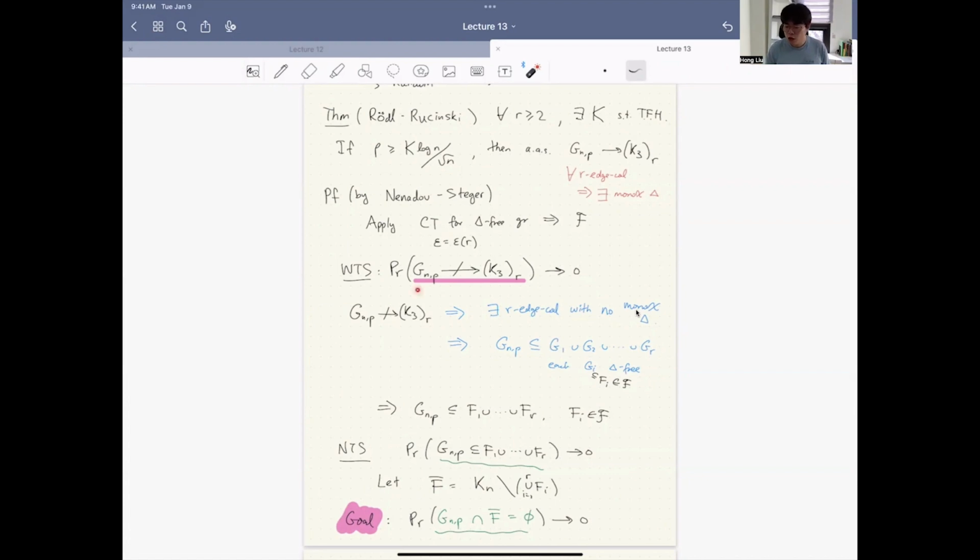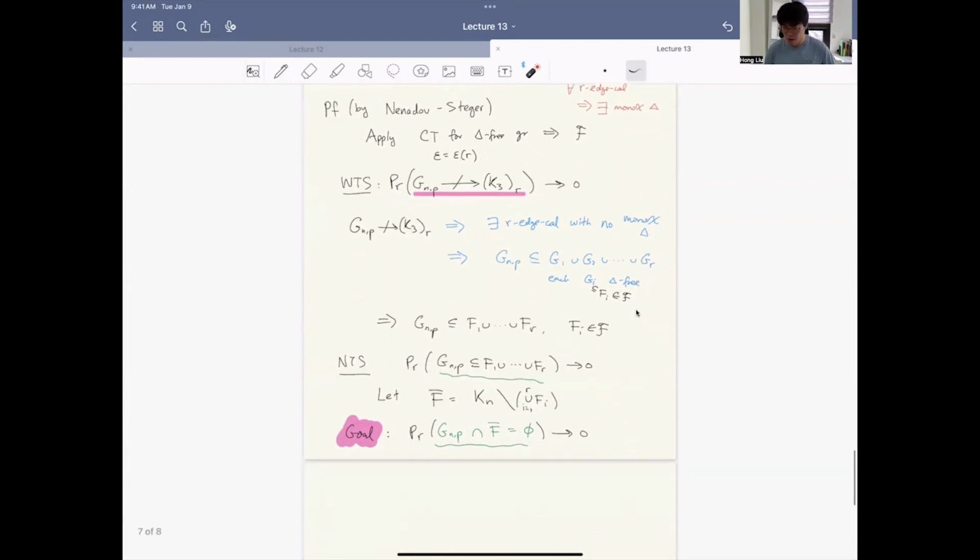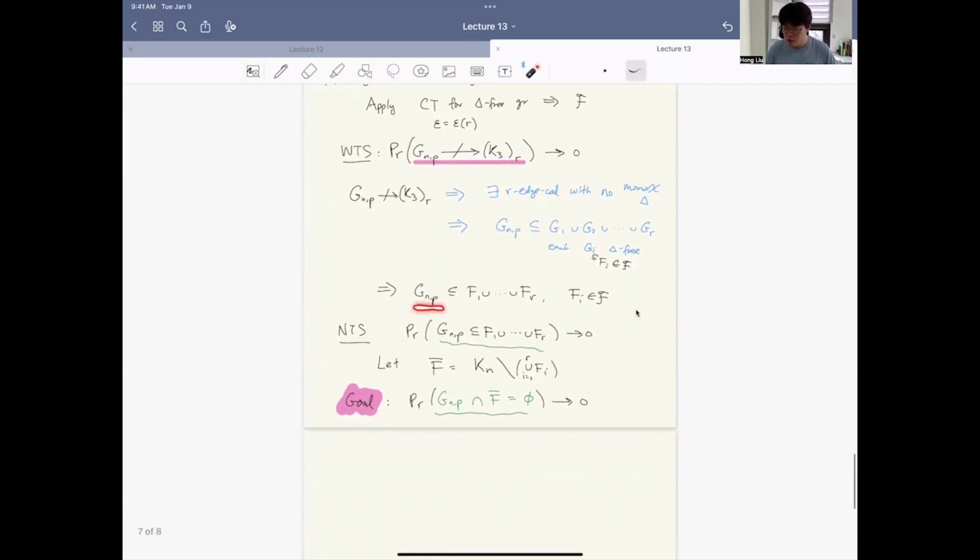So that means our complementary event is a sub-event that GMP's edges are contained in the union of R tuples of containers for triangle-free graphs. But what does it mean for the edges to be contained in the union of R such containers? That means the complementary graph of this union of R containers has no intersection with GMP.